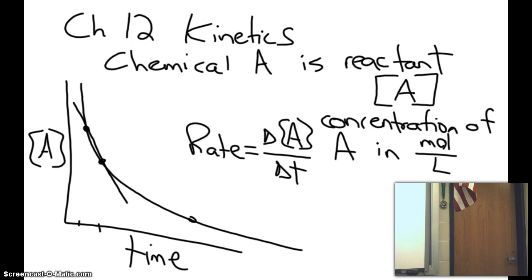If we were to go over here and do the same procedure, pick another time interval, do the slope of the line between those points, it is more like that. So there are 2 things here. First of all, in most chemical reactions, it would appear, and if you think about it, it's probably true, that the rate decreases over time.